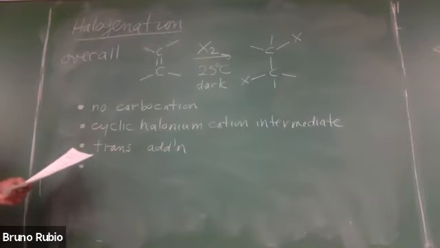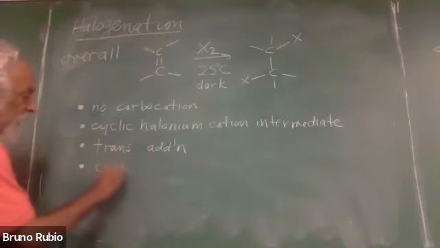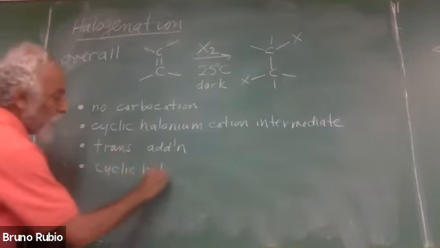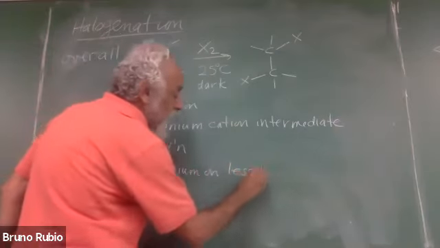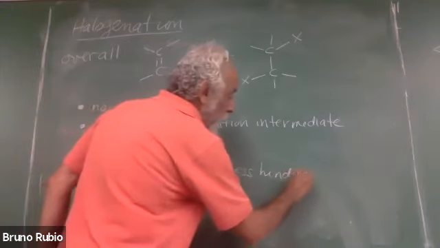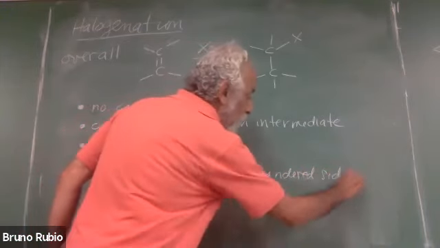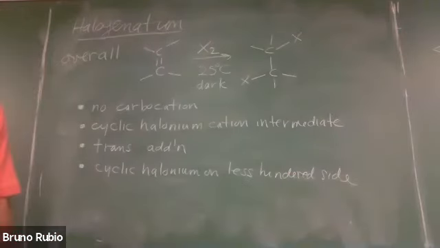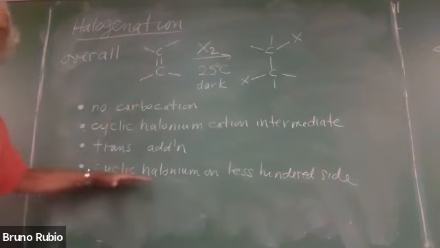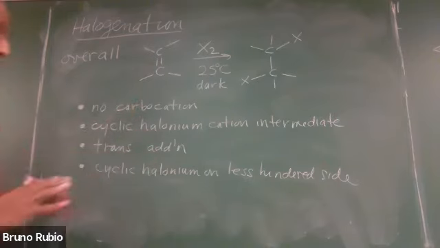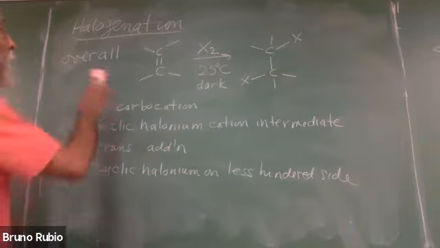All right, and then we have the cyclic halogen on the less hindered side. All right, so these are some of the bullet points for the reaction. So these all come out of the mechanism. So we'll look at the mechanism now.